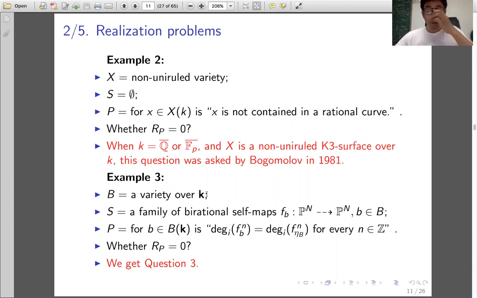So R_P means what? R_P is the minimal transcendence degree you need to base change to get a K-point, to get a closed point, which satisfies the property. And equal to 0 means that you don't need to take a base change. Okay. Yes, yes.